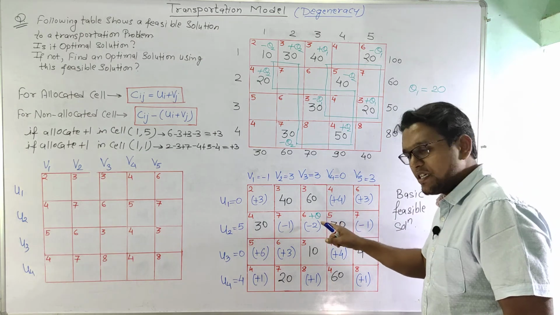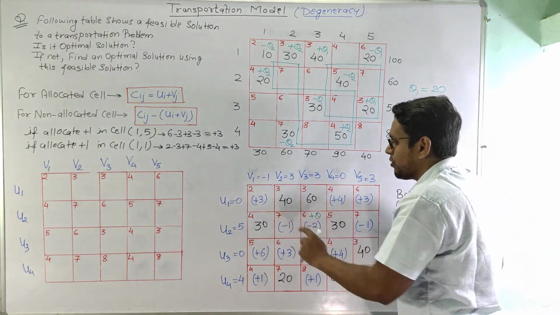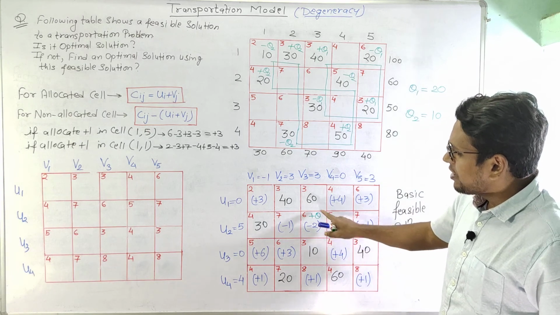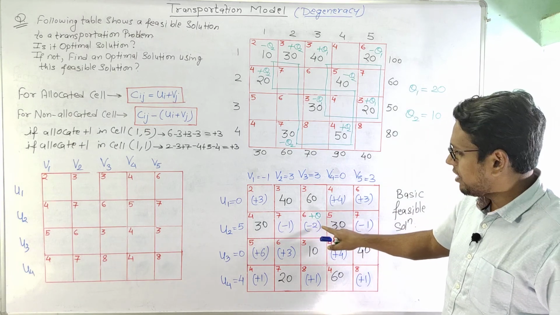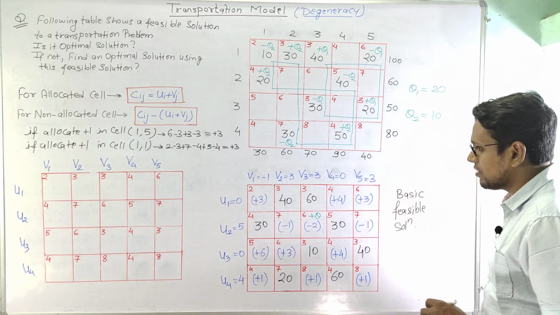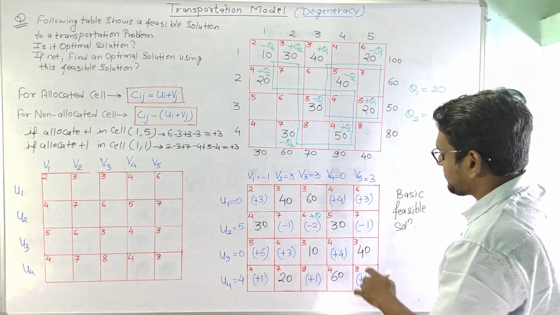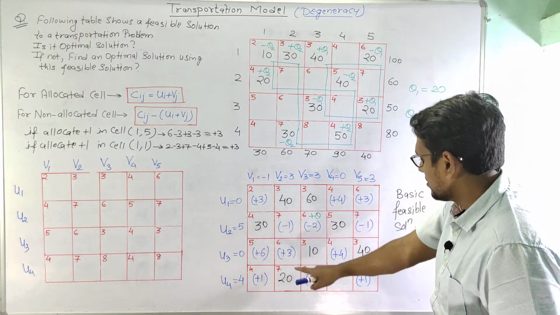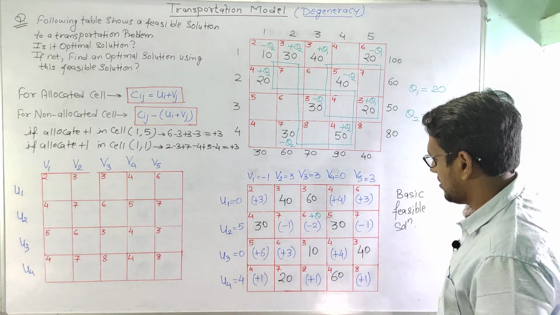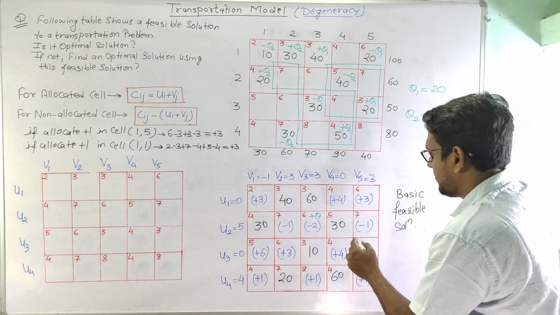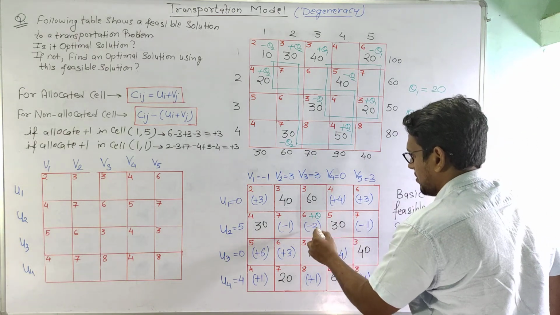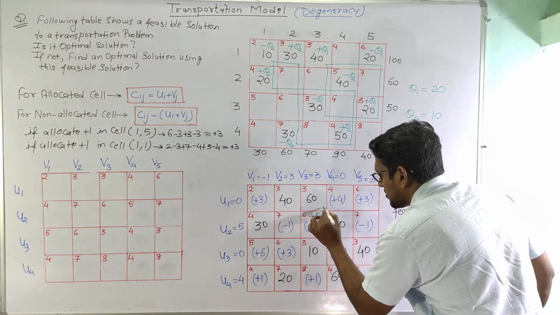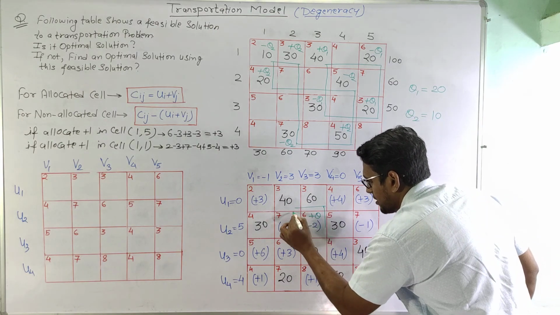By allocating here, again we have more than m plus n minus 1 allocations. That means this will definitely form a loop. So let us find out the loop here. This is the loop it is forming.